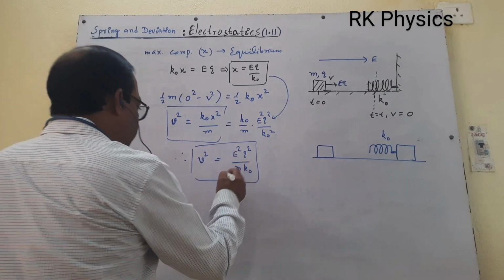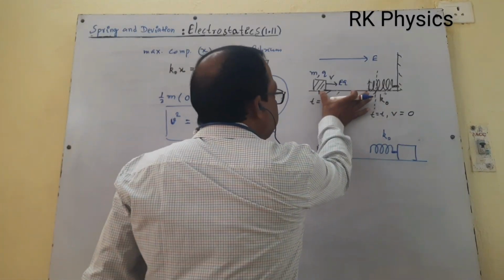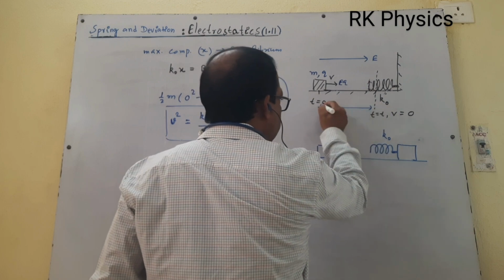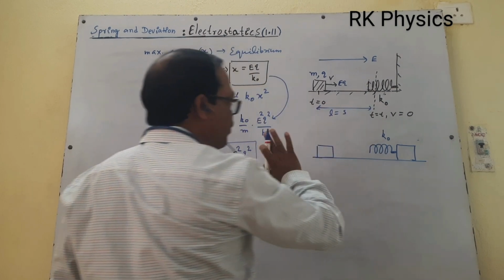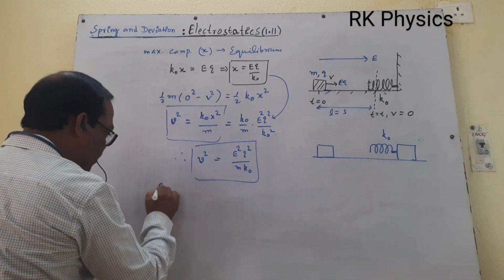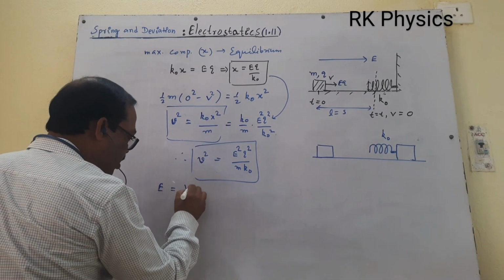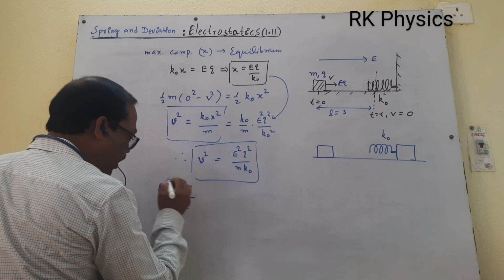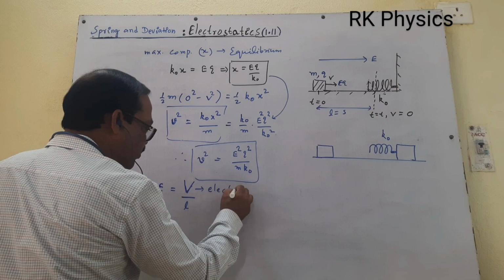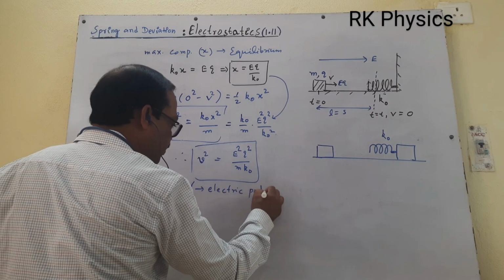On the other hand, if the length of the electric field is up to this much, the same distance, say L equal to S, the length of the electric field, then what is E? E is the potential difference divided by the length. This V is called electric potential.